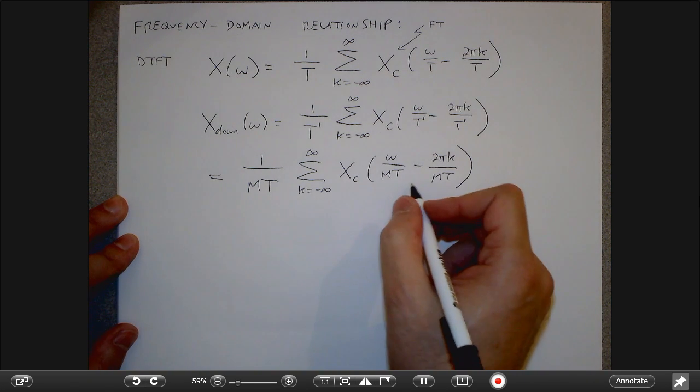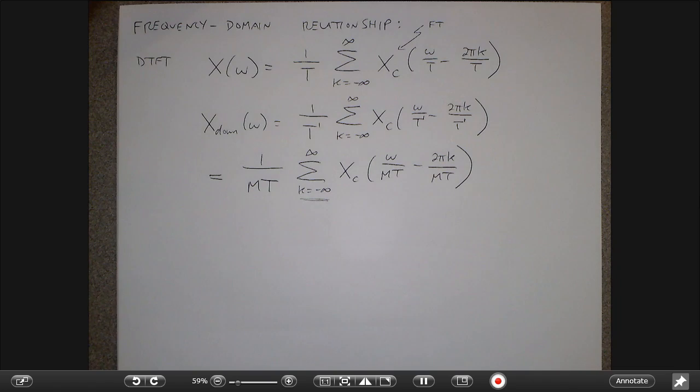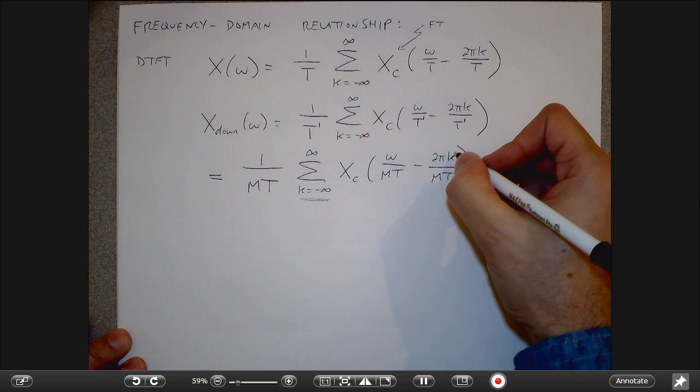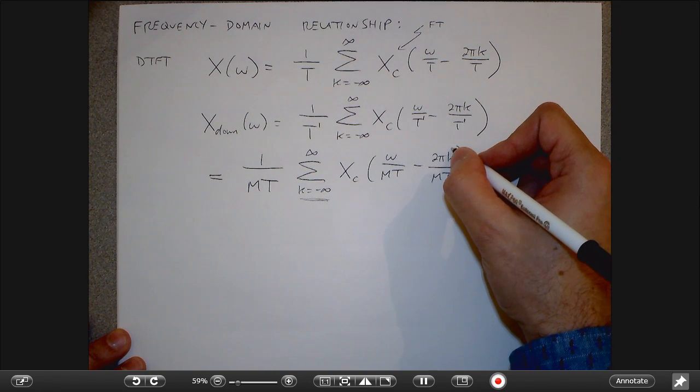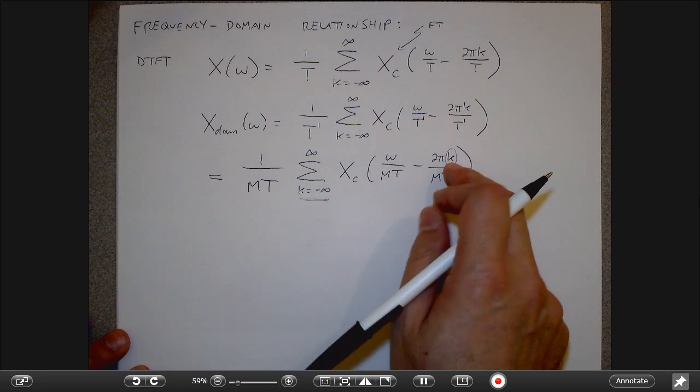But I know that my T prime is defined as some multiple of T. Now I'm going to split this sum into M pieces, similar to the trick we used in the DFT algorithms for turning this k into a two-dimensional signal.